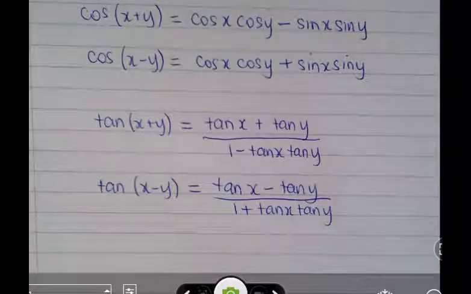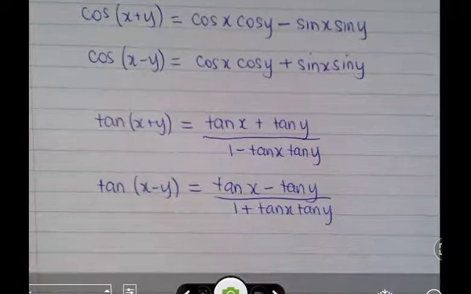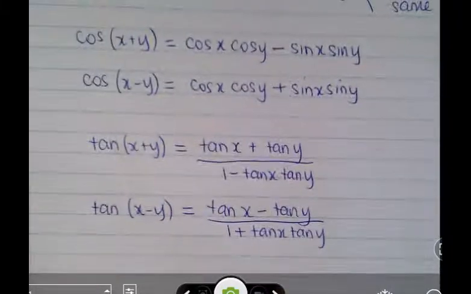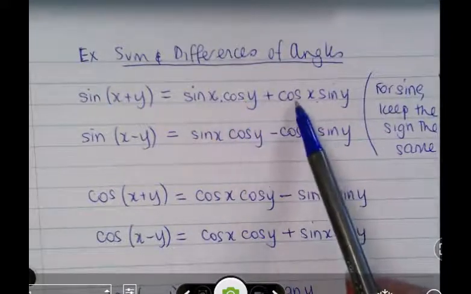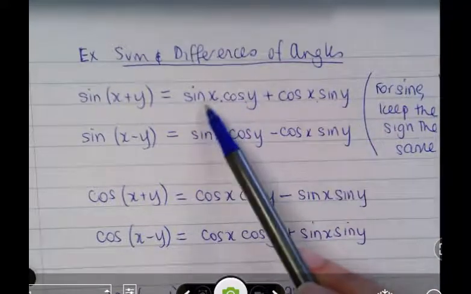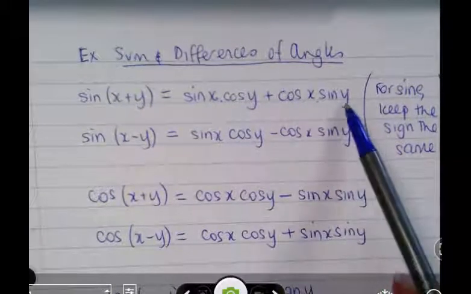Now, let's go back to the sine one to make sure you don't mess it up, because you've got to have one of each thing. For sine, you've got sine x cos y, and then cos x sine y. Please don't do sine x cos y sine x.